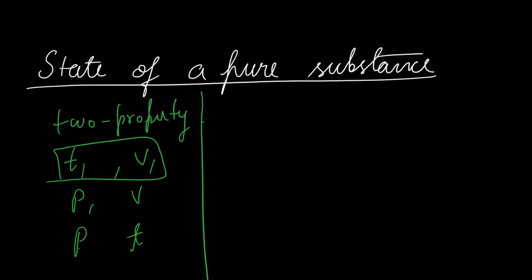So if you have a pure substance and you have two thermodynamic properties, I can find out other thermodynamic properties of that pure substance using thermodynamic relations which I have. So that's the two property rule. And this only applies for a pure substance. Remember, this only applies for a pure substance. So once any two properties of a pure substance are known, other properties can be determined from the available thermodynamic relations. So that's the state of a pure substance.